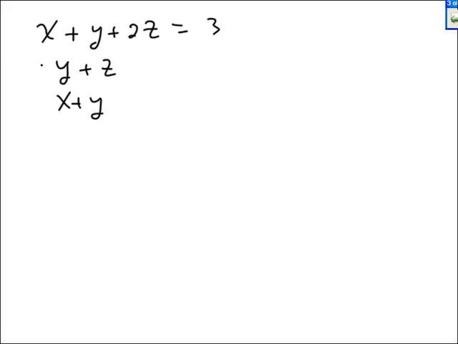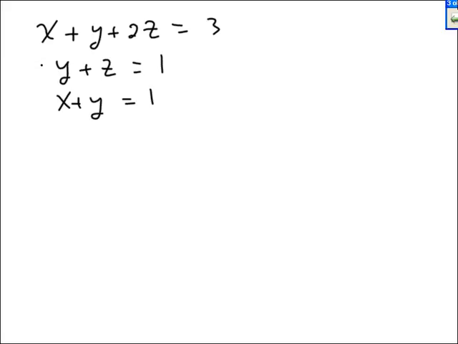Suppose you had the system of equations x plus y plus 2z, y plus z, x plus y, and it equals 3, 1, 1.